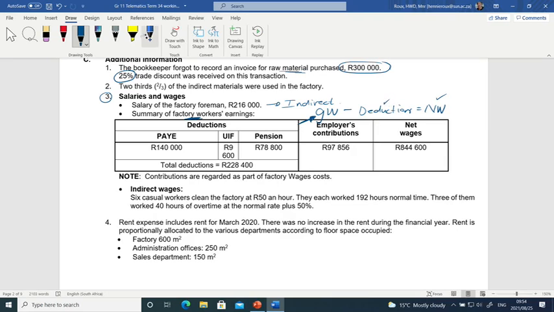So if I add the net wage plus the total deductions, that will give me the gross wage. And then we also know the contribution is also cost to company. So cost to company will be your gross wages plus your contributions. And then they give us something there again on the indirect wages.